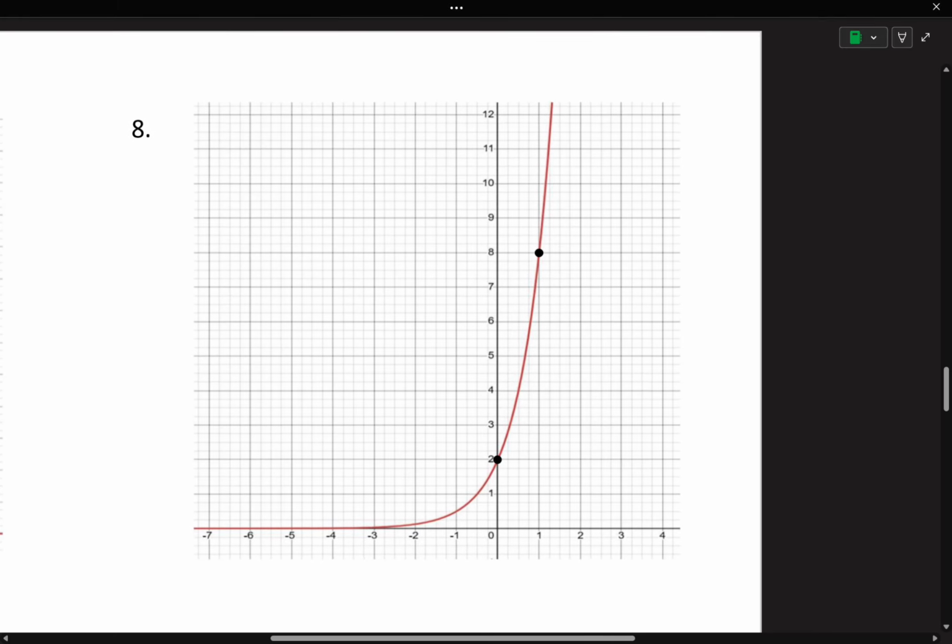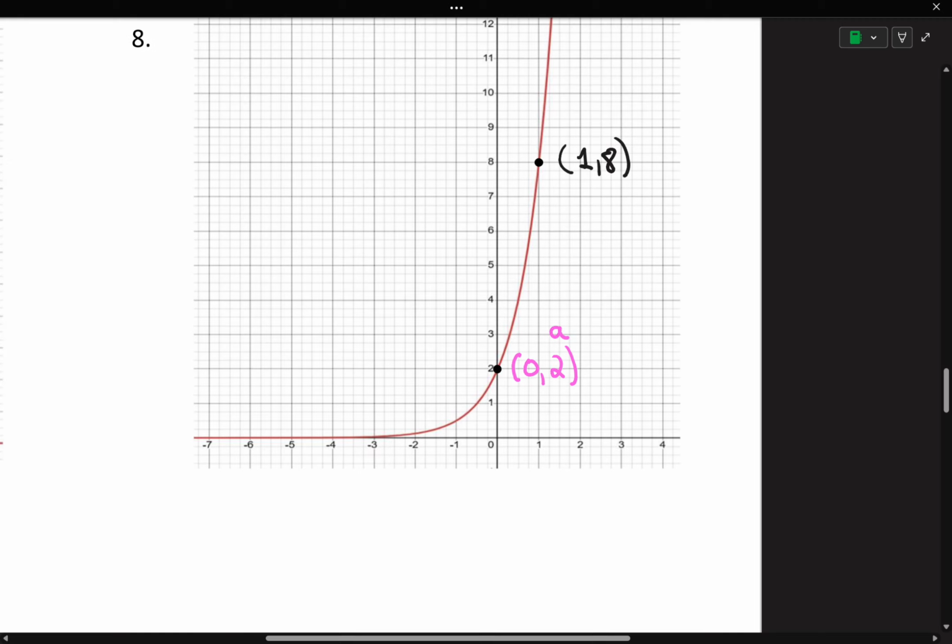In number 8, I only give you 2 points. First one is our y-intercept, 0, 2. Fantastic. And then this is 1, 8. Let's make a little xy table. X's go 0, then 1.